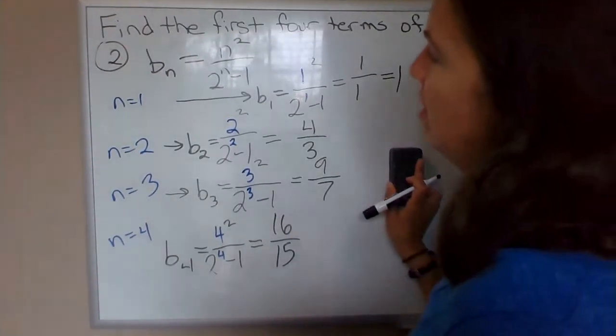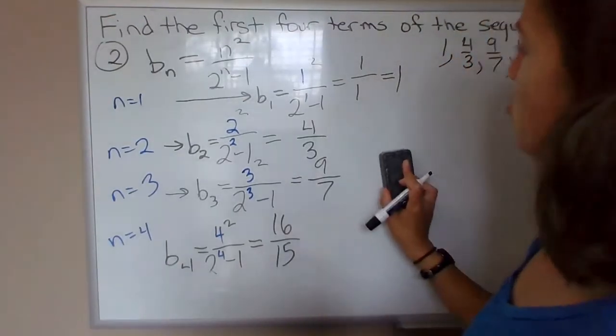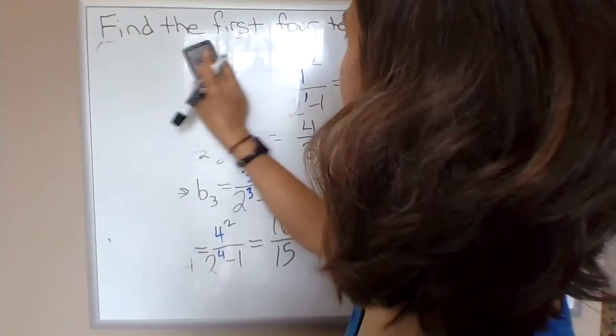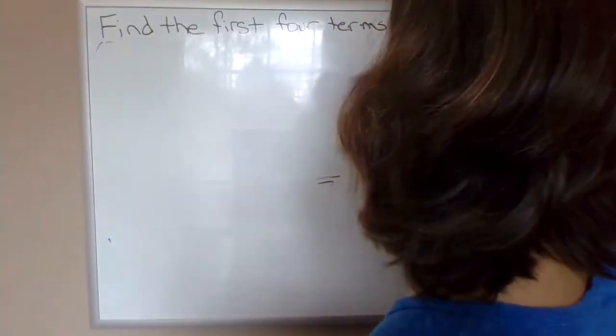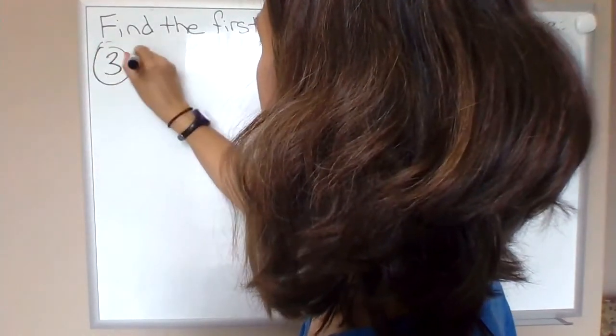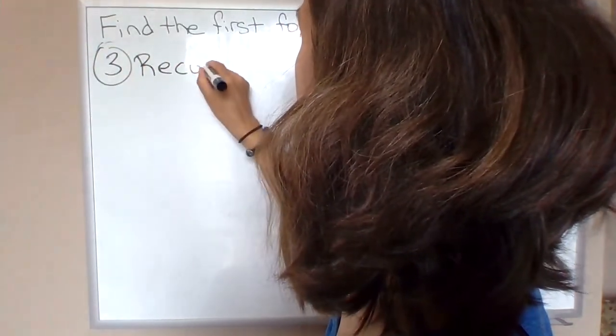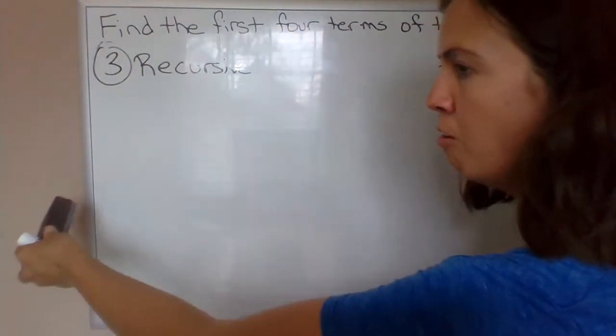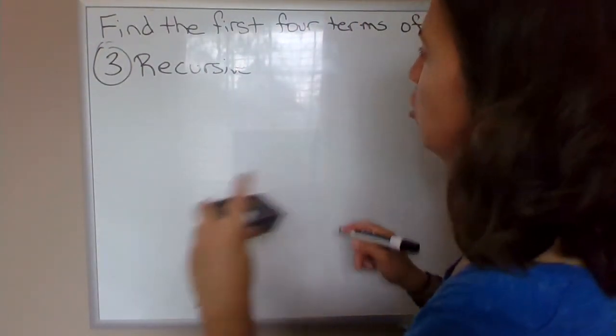Okay, one thing that's different here with example 3, so I'm going to erase this. The third example is defined differently. Now I want to give you an example of a recursive sequence. A recursive sequence is a sequence whose terms are defined in terms of the preceding terms.